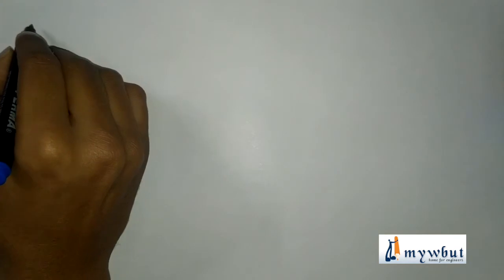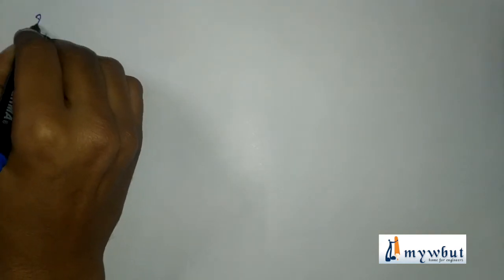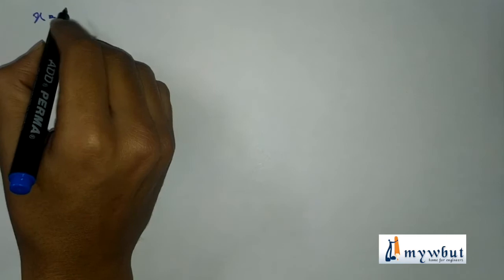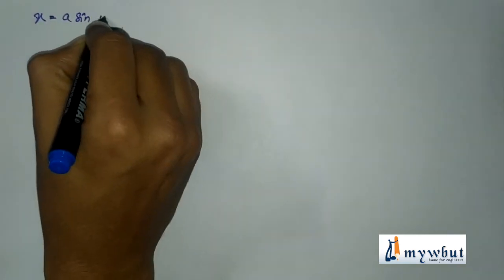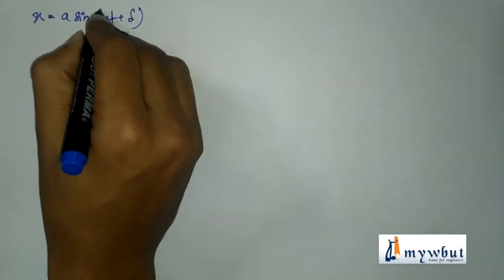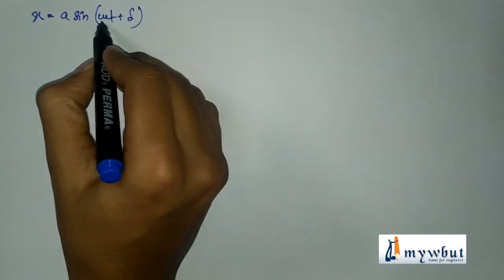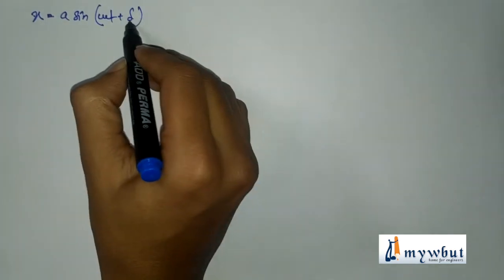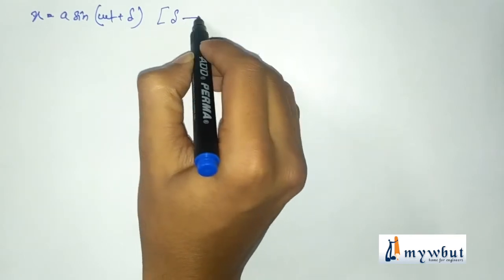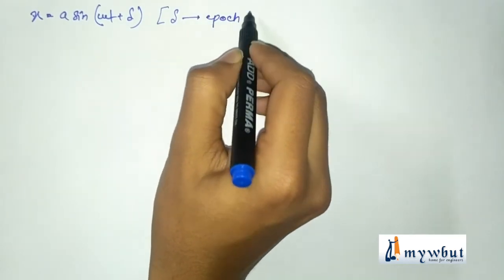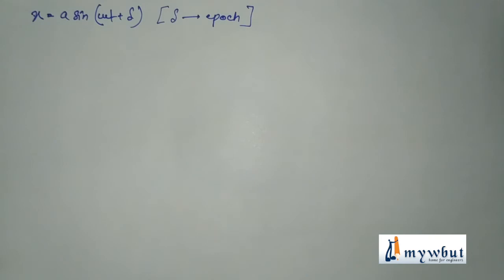So friends, now let us see what the equations of velocity and acceleration come out to be. We have derived x equal to a sine of omega t plus delta. Omega t is the phase and delta is the epoch value, that is the initial phase.